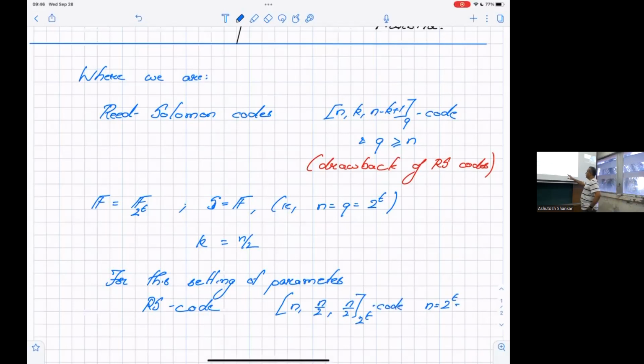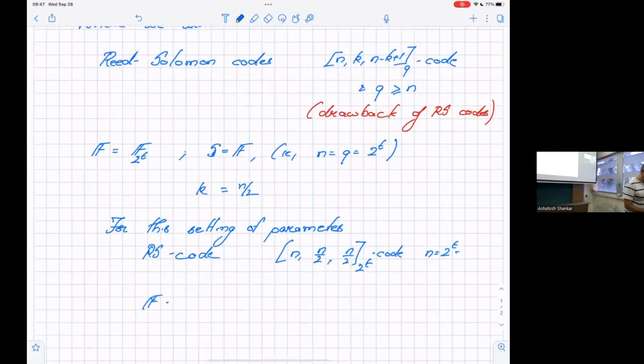So that's the code. The nice thing about it is it has constant relative distance. The alphabet is large because the field was F_{2^t}.